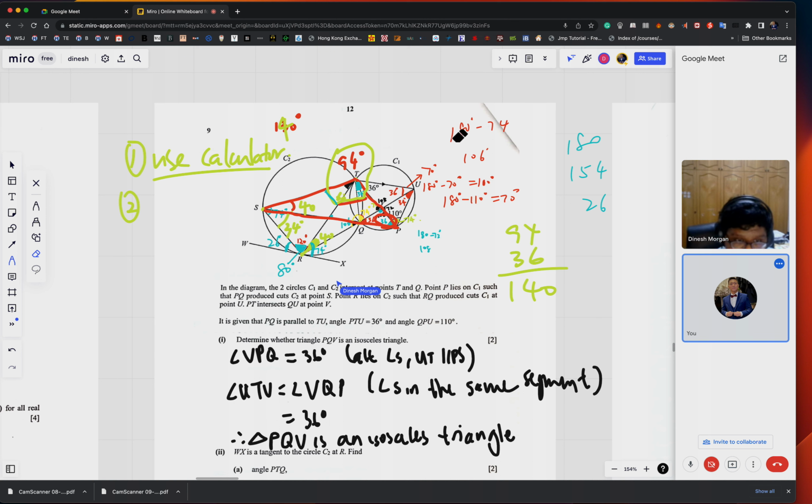We have more angles than necessary. So you just have to find this part, because this part is equal to the 26, and we know the whole thing is 60. Never mind, we have more than enough to find it. Okay. Next.